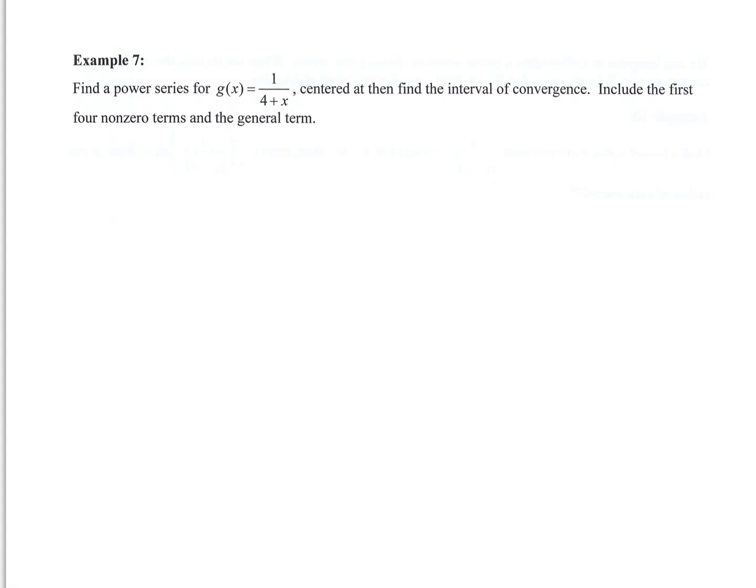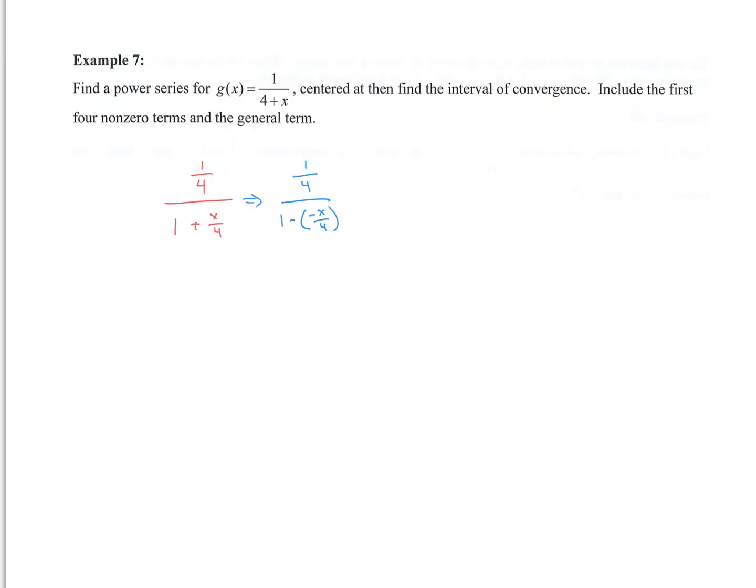And so, that's going to make my 1 up top to be what? 1/4. And then I have it over 1 plus what? X over 4. Now, I think, Ethan, you were on the right track. I don't have it as 1 minus r yet. And so I really want to think of this as 1/4 over 1 minus a negative x over 4.